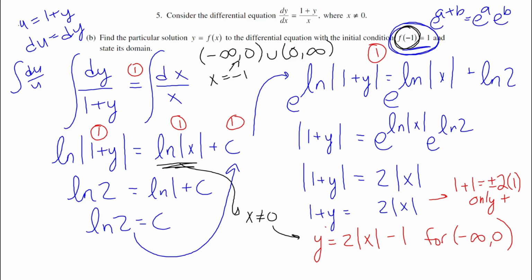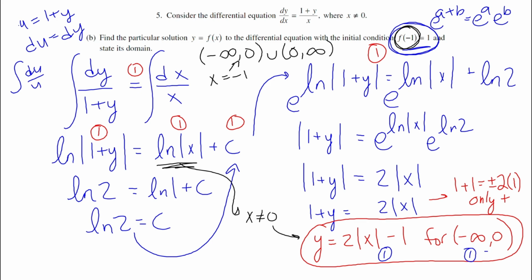And so this answer is perfectly fine, and that'll earn you the 6th and the 7th points for your function and your domain for this problem. But you could also note that since x is always negative here, on negative infinity to 0, if x is less than 0, the absolute value of x is the opposite of x.